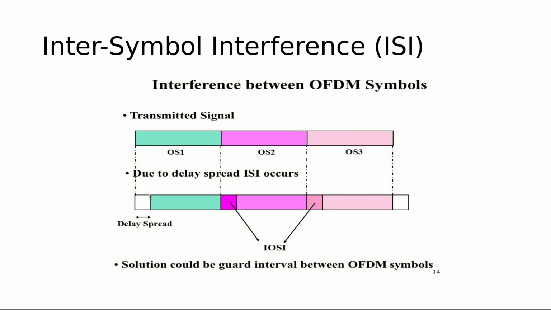Due to the delay, it is overlapping onto the next symbol, symbol 2, and symbol 2 is overlapping onto symbol 3. Here we can see the delay spread, how much spread occurred due to the reflection. This is called inter-OFDM symbol interference.